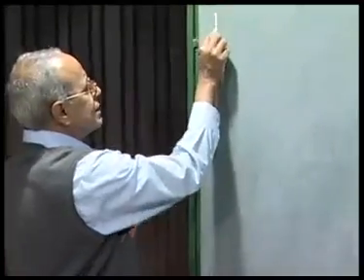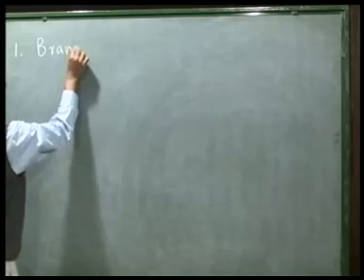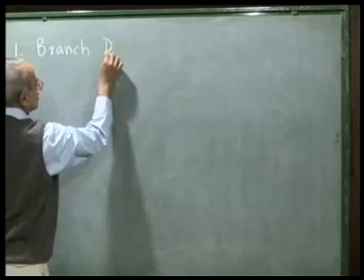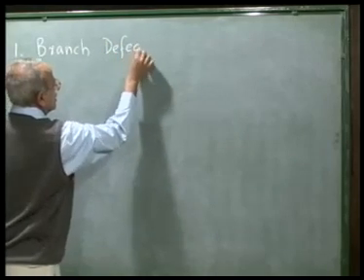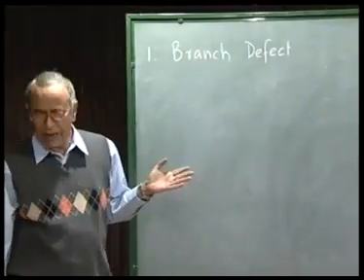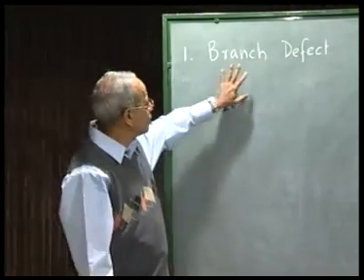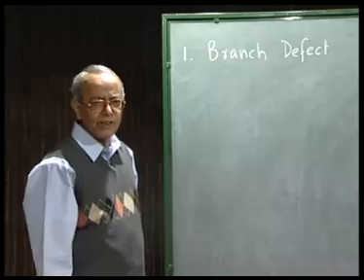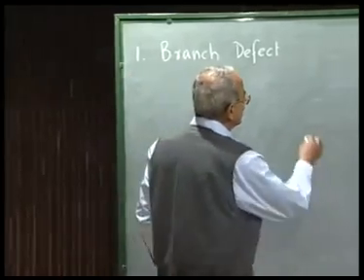One is known as branch defect. A mechanism synthesized by either geometric method or analytical method may undergo what is known as branch defect. Let me explain what is branch defect.